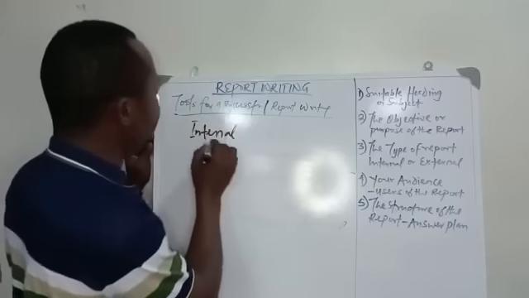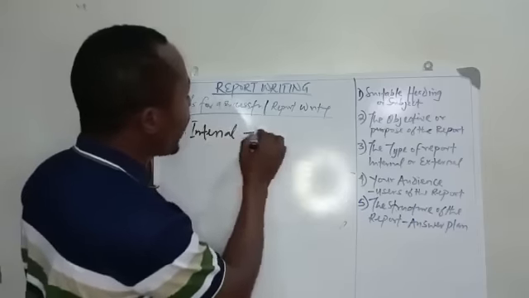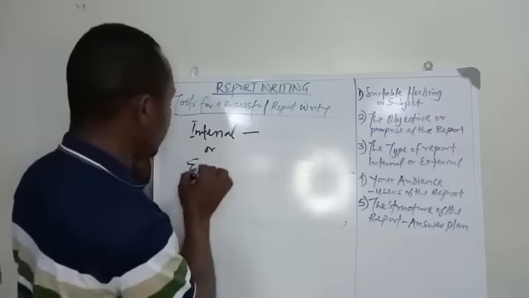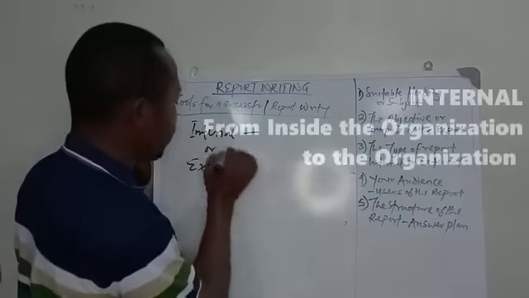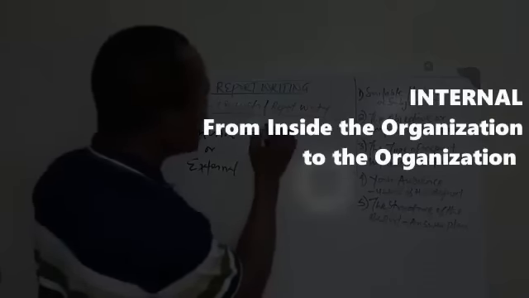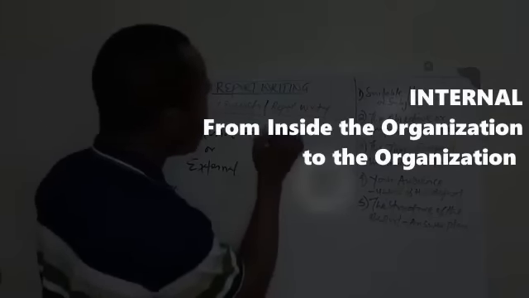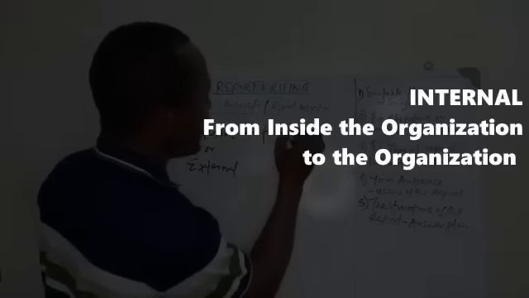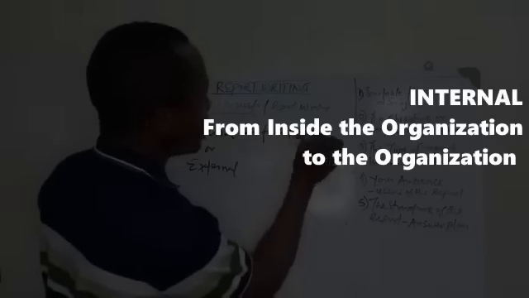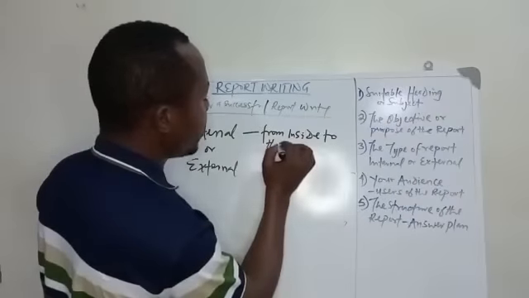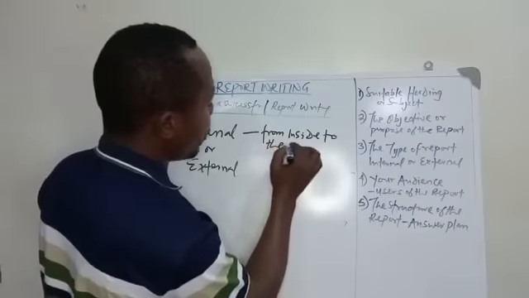I'll just give us a summary on how you know whether a report is internal or external. If it is internal, friends, the report is moving from inside the organization to the organization.